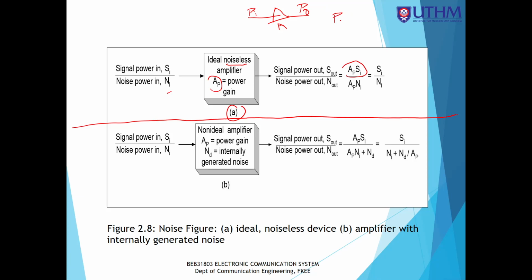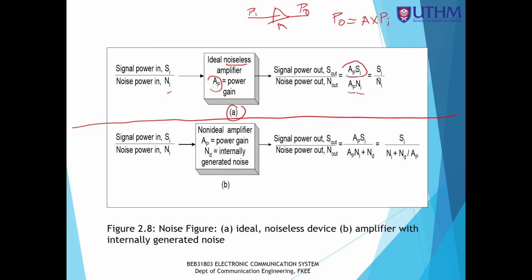Remember that PO is equal to A multiplied with PI. So it is similar with this one. In order to find the output power, you need to multiply the input power with the gain. Similar with the output noise power, which is gain multiplied with the input noise power.